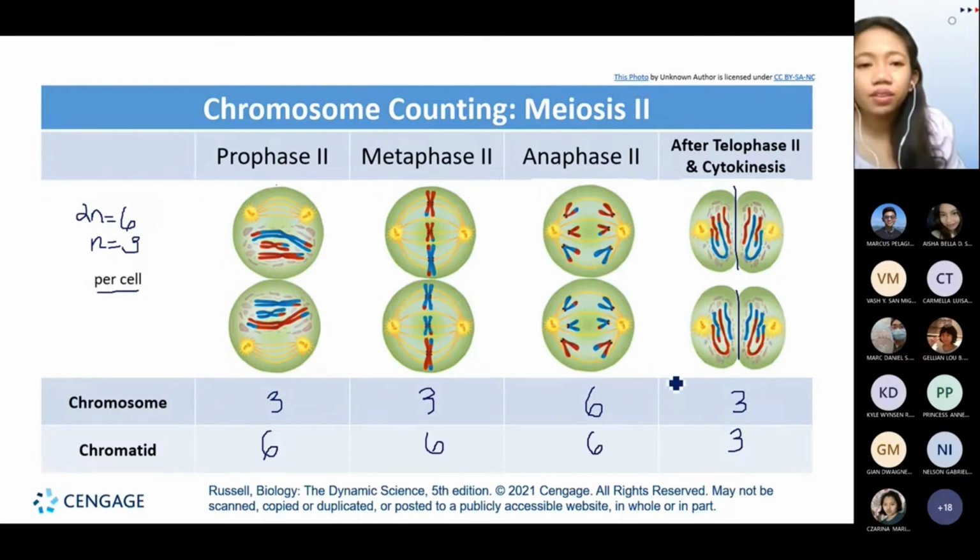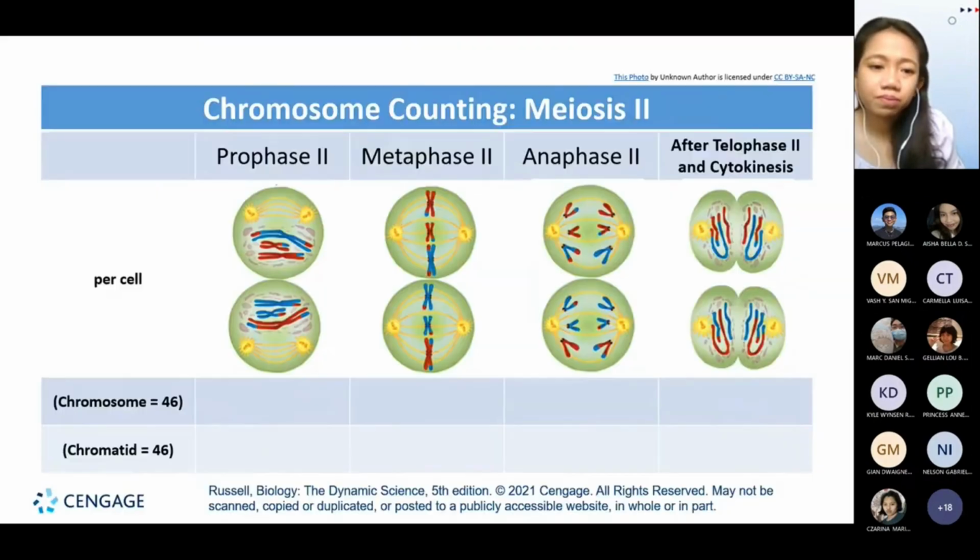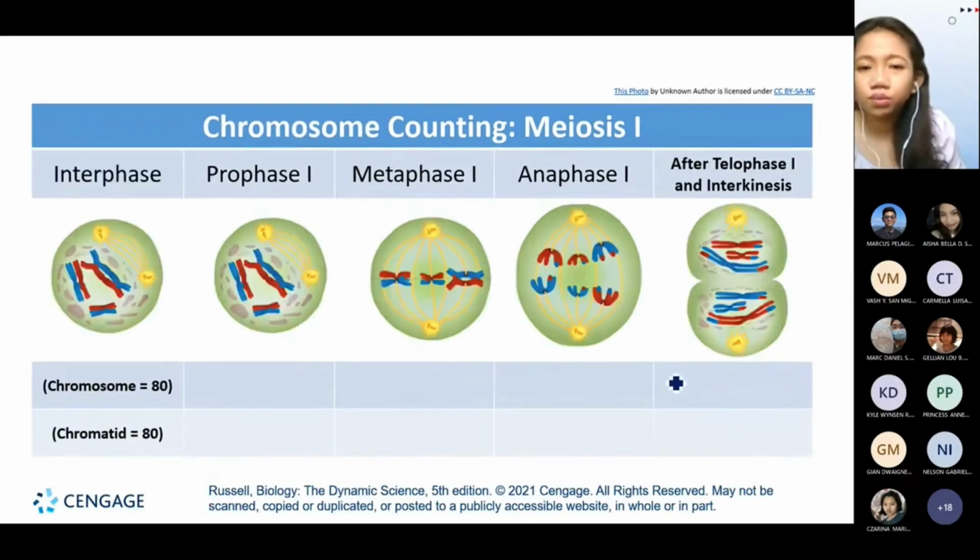Okay. So I have another example. So let's apply that. Starting with prophase, how many chromosomes will there be in prophase if 2n is equal to 80?